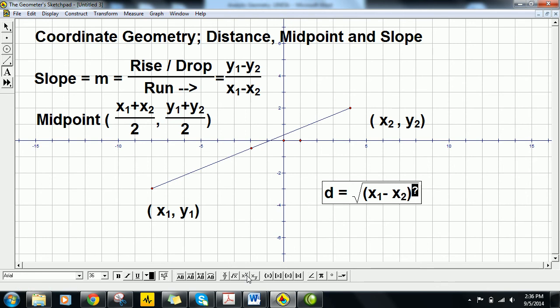So I want to square that, plus, still under the square root, the difference in the y's squared. And so the difference in the y's will be y1 or y2. The order doesn't matter for this, by the way, because we're squaring it anyway. y2. And I'm going to square that as well. Okay? So there's your distance formula.